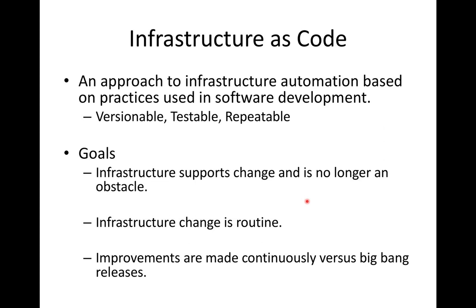So one of the other things I wanted to talk about briefly, and you've already read about this in the course, is this notion of infrastructure as code. Infrastructure as code is a really important concept, especially when talking about automation. Traditionally, when we built infrastructure, that infrastructure was built by hand.